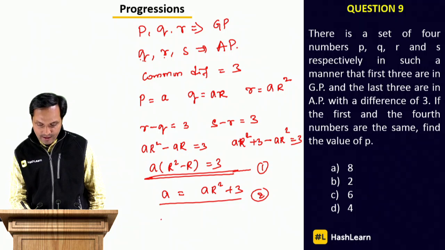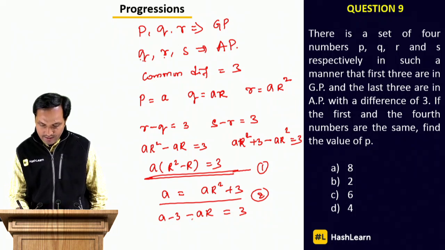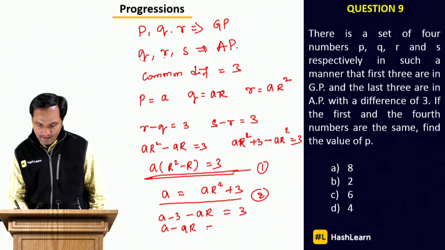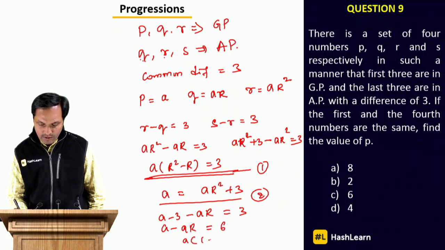If I substitute here, a - 3 - ar = 3. If I take this 3 to that side, a - ar = 6. So a(1 - r) gives you 6.